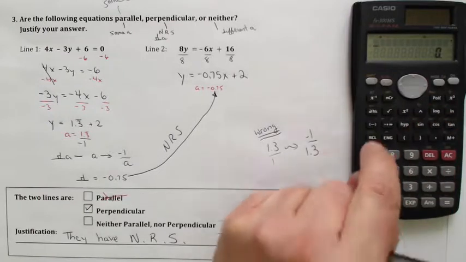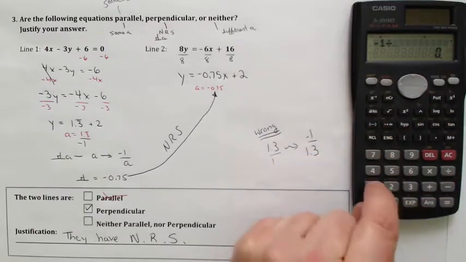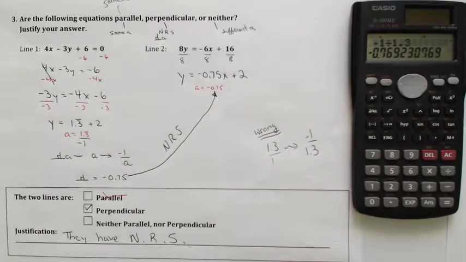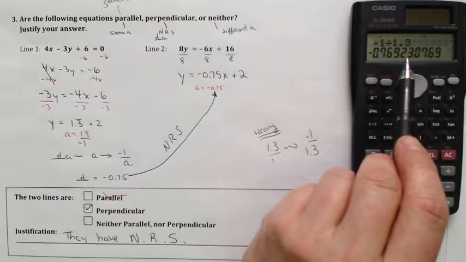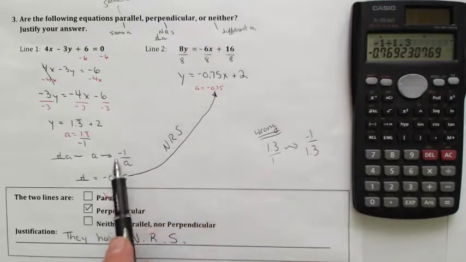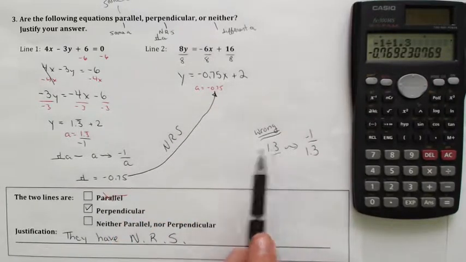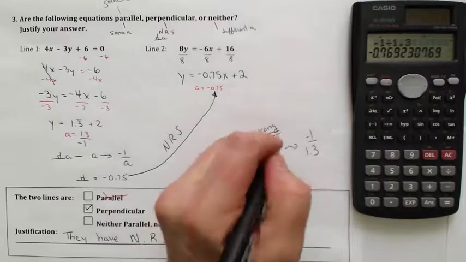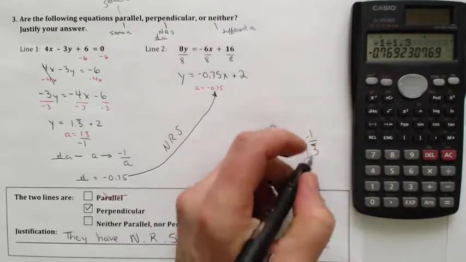Well, watch what happens. Negative 1 divided by 1.3, we no longer get 0.75. You get this close to 0.75, but not the same. And that might be enough to throw you to think that they're not negative reciprocals. It's very important when you have that repeating decimal that you put it in there to give yourself the right answer.